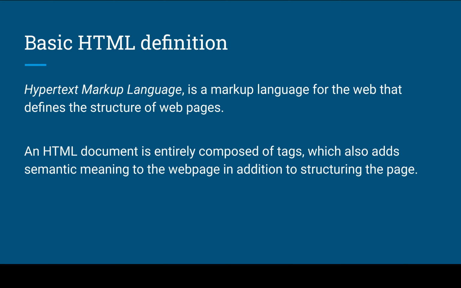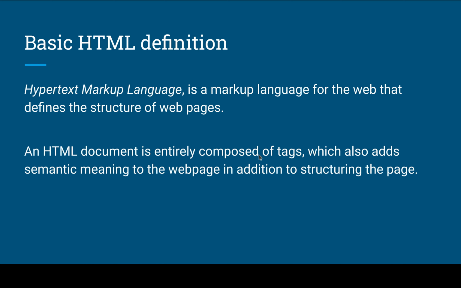And the way HTML gives structure to our web page is by using tags, right? So an HTML document is entirely composed of tags. So there are different tags, like the HTML tag itself, the title, the head, the body, paragraph, divs, and all that.